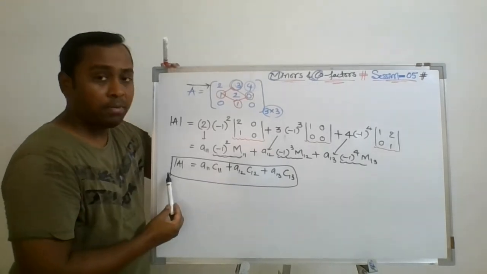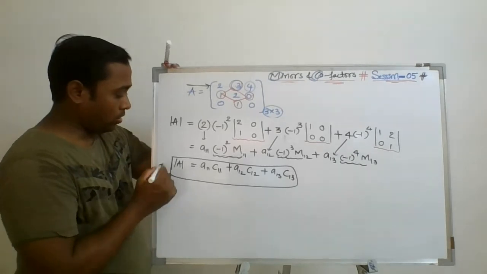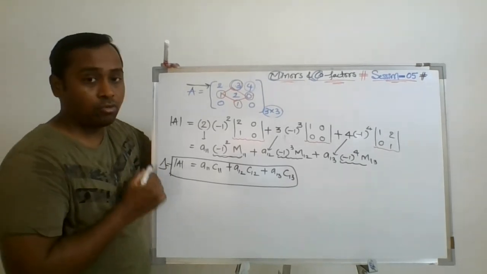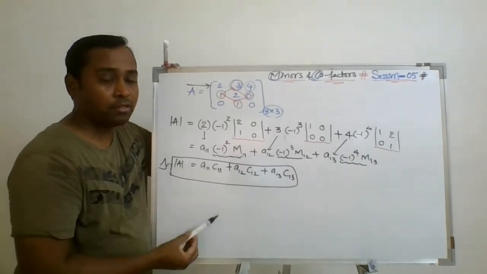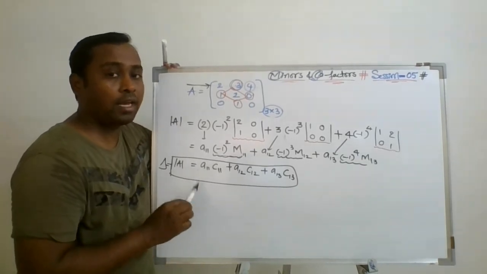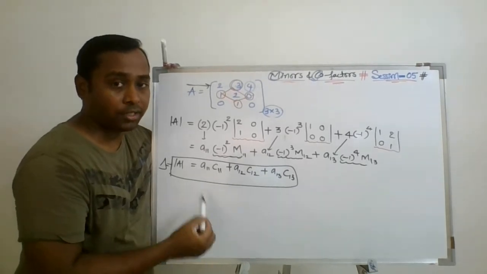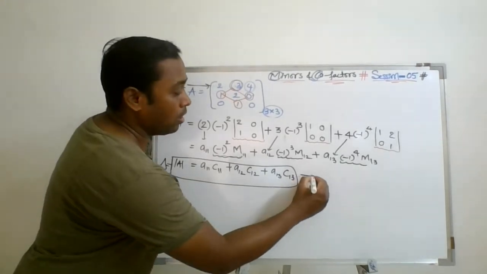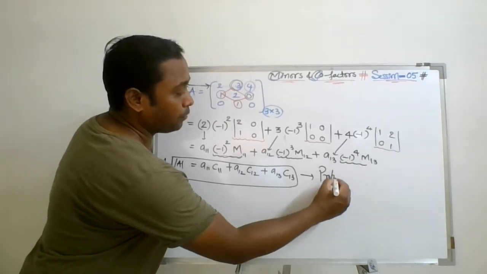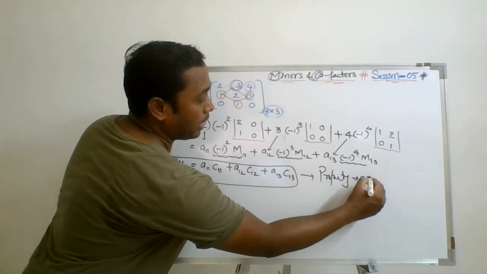Hence, the determinant of A, simply det A, sometimes delta. So delta is defined as the sum of the product of the elements of any row or column with their corresponding cofactors. This is property number 9.